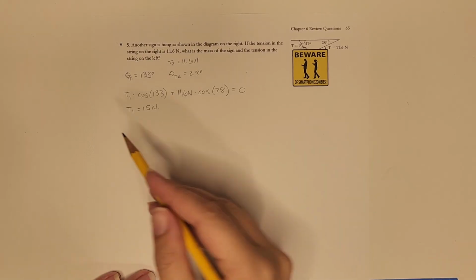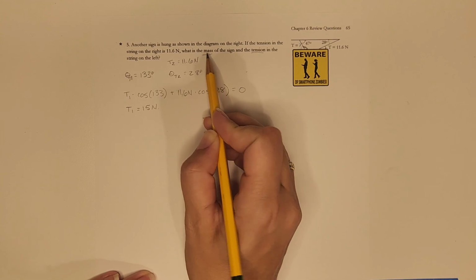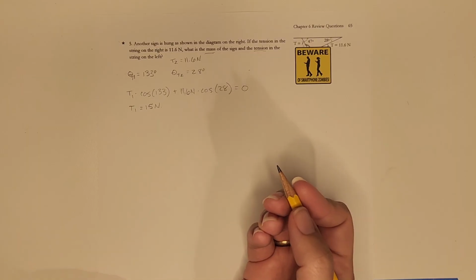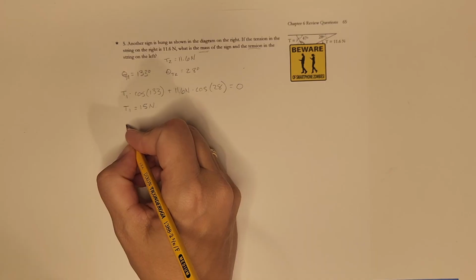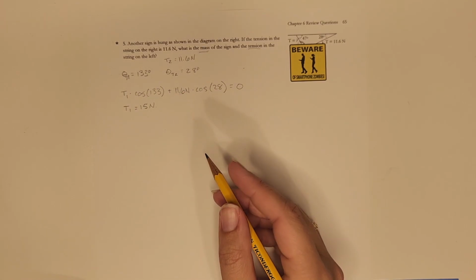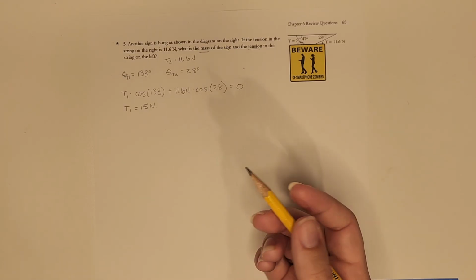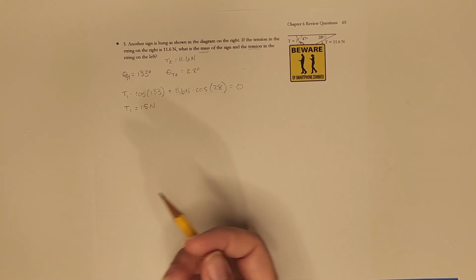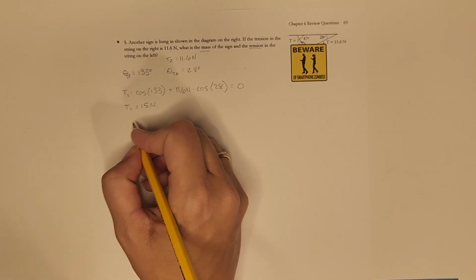So we're not done yet because we've determined the tension, but we still need to determine the mass of the sign. To do that, we're going to use the y dimension equation. For the y dimension equation, we have T1 times the sine of theta 1 plus T2 times the sine of theta 2 minus the weight, and that is all equal to 0.